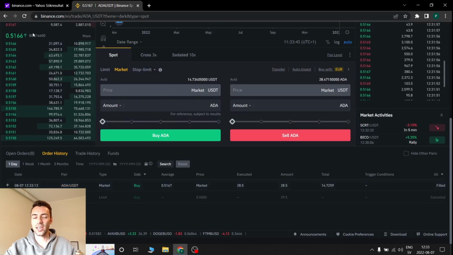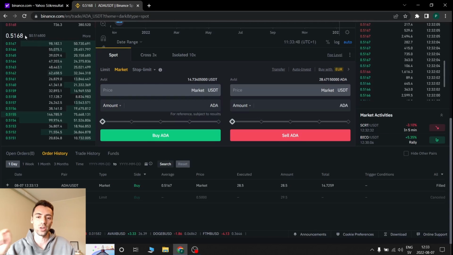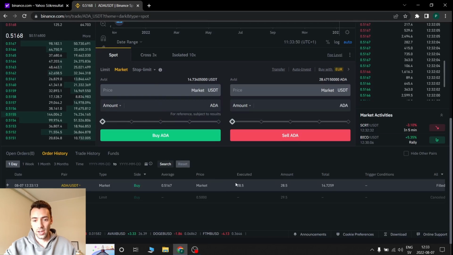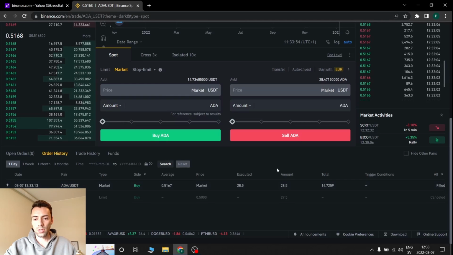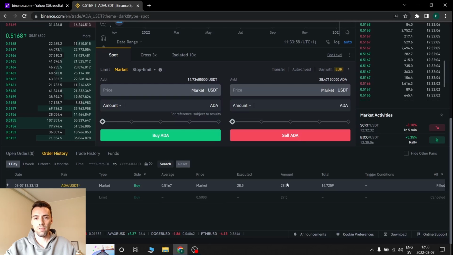This is exactly the price of Cardano at the moment I clicked on buy. And how much would it be? It's 28.5 Cardano with this amount of USDT.